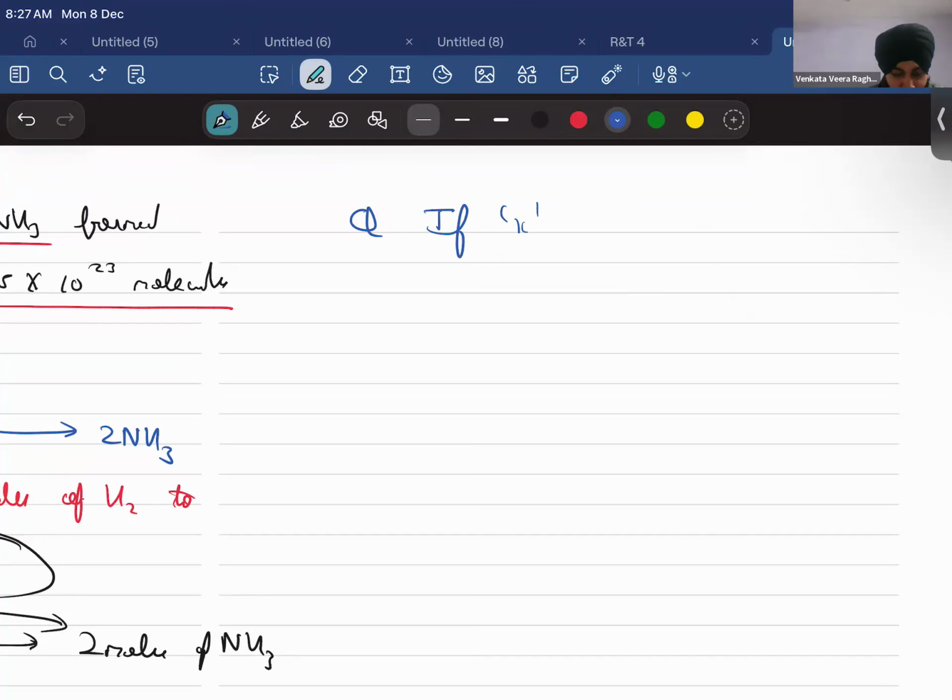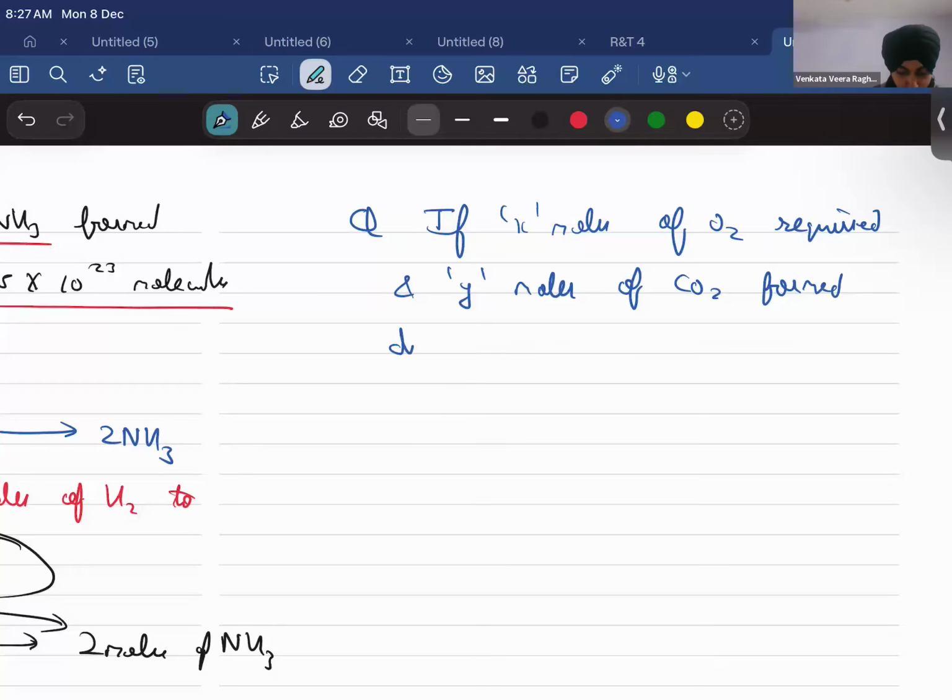If x moles of O2 required and y moles of CO2 formed during complete combustion, do you know what a combustion reaction is?